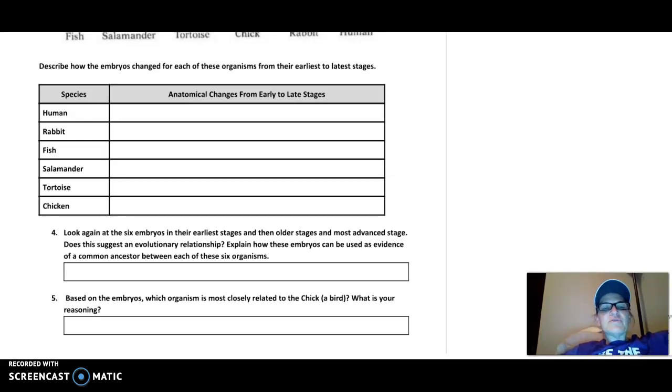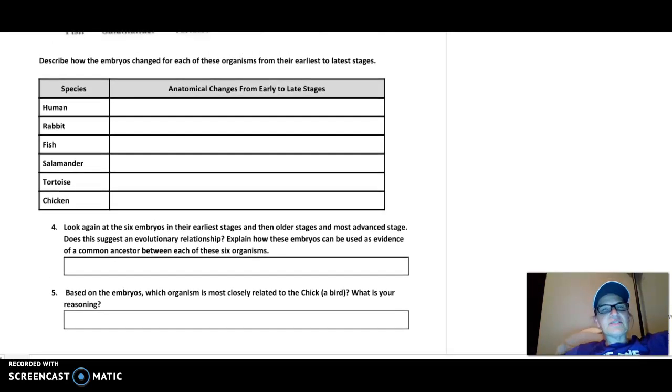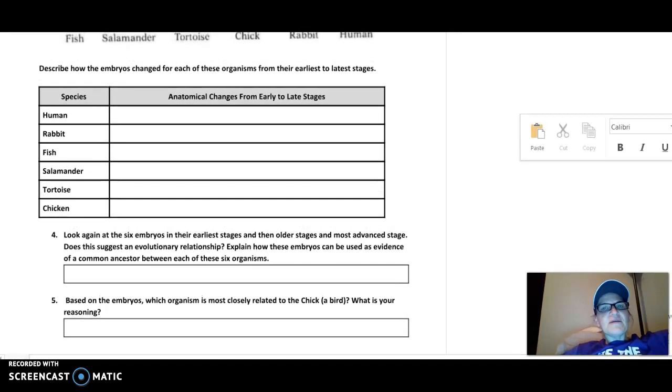Do you think that this suggests, looking at how similar they were at those early stages and then they continue to develop, think about if their body plan was written instructions in their DNA. Do you think they have some pretty good similarities in DNA, which is going to be that molecular part? Because that's the plan, and they started off very, very similar to each other.